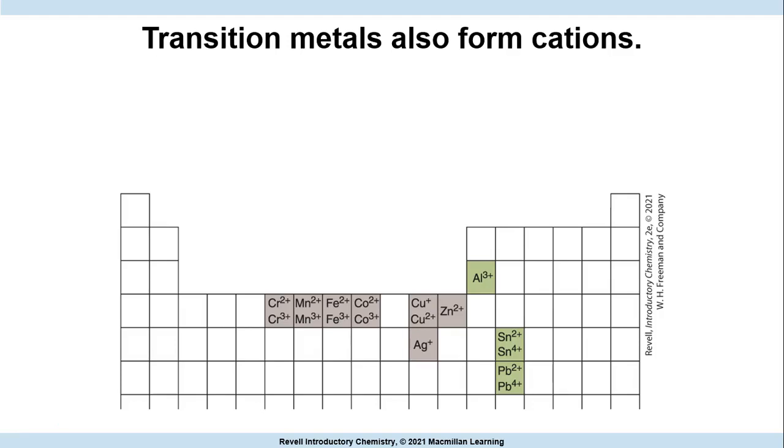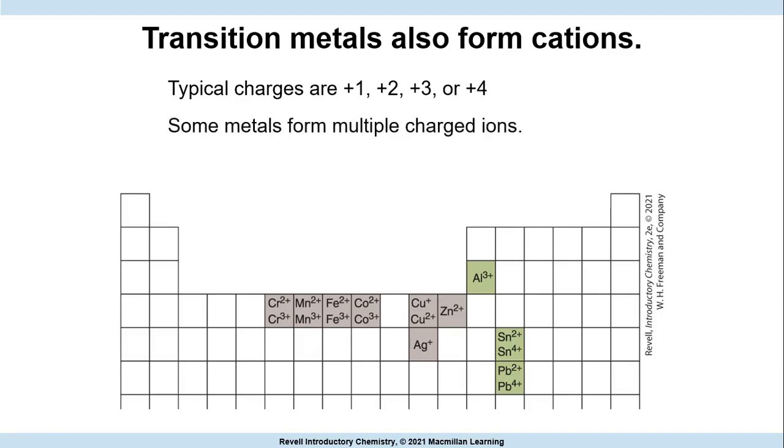So the transition metals also form cations, but the cations are not always single. Like you may have chromium 2 and chromium 3. The typical charges for the cations range from +1 to +4. Now, some metals form multiple charged ions, and the p block metals also do this.